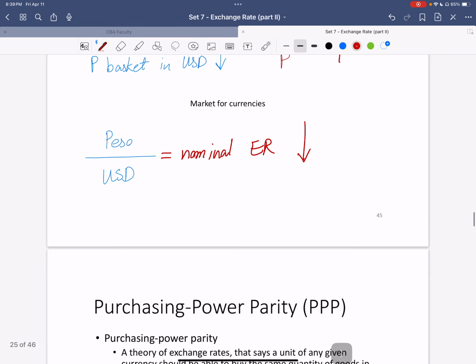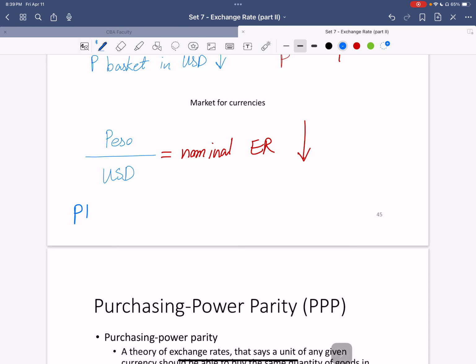And purchasing power parity says these two rates should converge. And that happens because of the arbitrage.